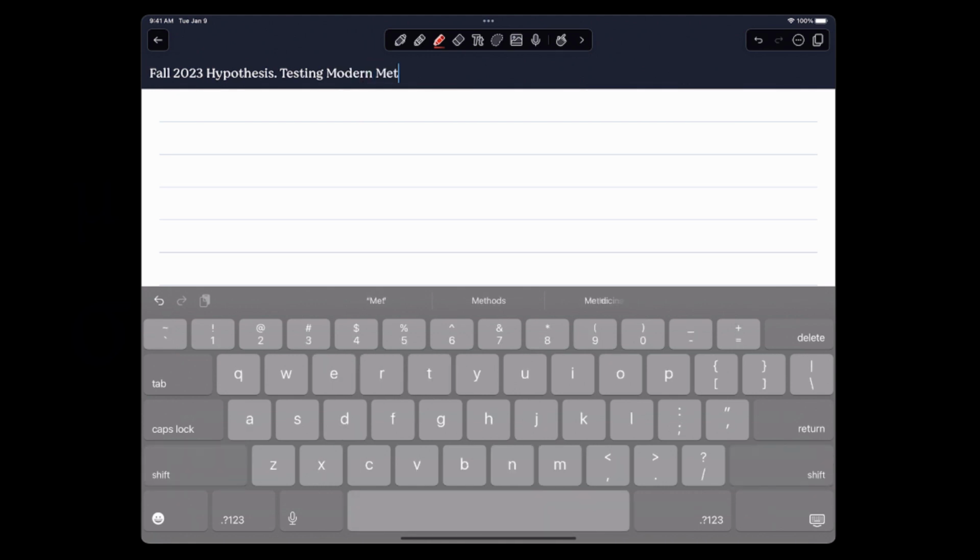Modern method is the p-value, and then you guys are section 1.6, what? 408? What's your section? You guys are section 16408, yeah. Okay.